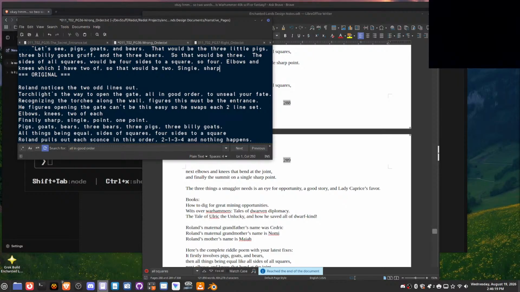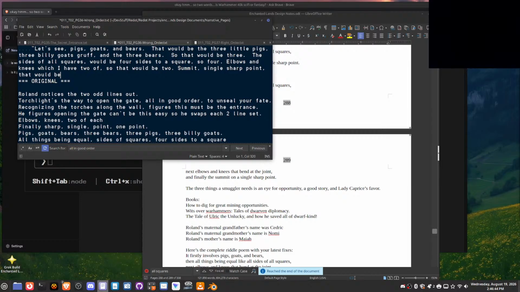Single sharp point would be 1. Single sharp point would be only 1 summit. So 1.